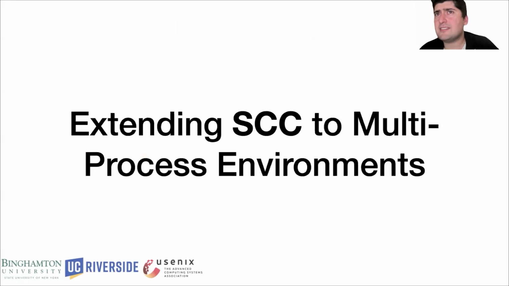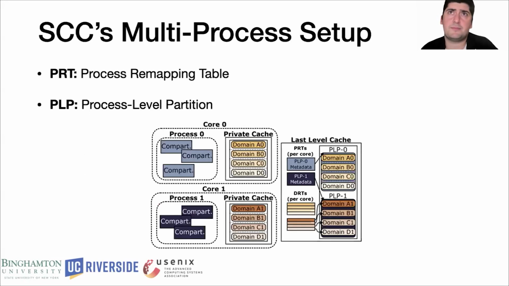So far, we only discussed SCC's intra-process security guarantees. So let's also briefly discuss how SCC extends to multi-process environments and how it establishes security in said environments. Here, we see a 2-core CPU. Each of these cores runs compartmentalized processes. When it comes to shared last-level caches, SCC makes a distinction between domain-oriented partitions and process-level partitions, or PLPs.